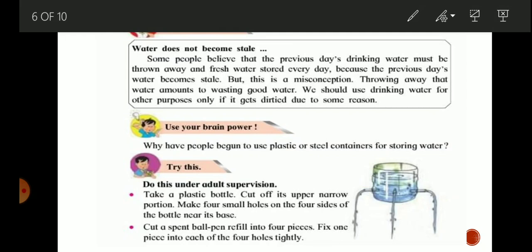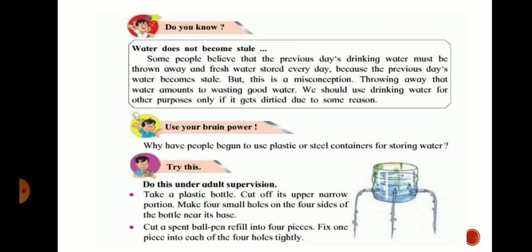Which water becomes stale? If you have filled the water and you have not covered it properly, that water also does not become stale, but that water becomes contaminated. That water gets contaminated because we don't know which microorganisms enter in that. Sometimes the flies which are moving around outside the garbage, they enter our house and they sit on the water, and on the garbage, what is there we don't know.